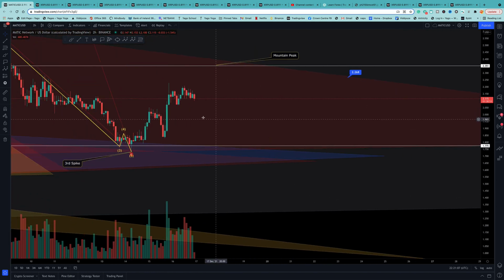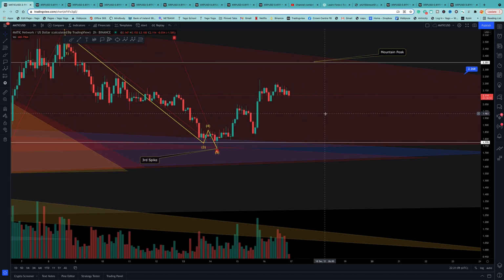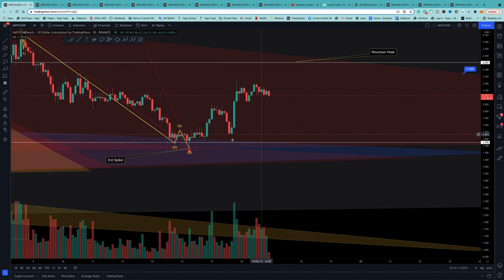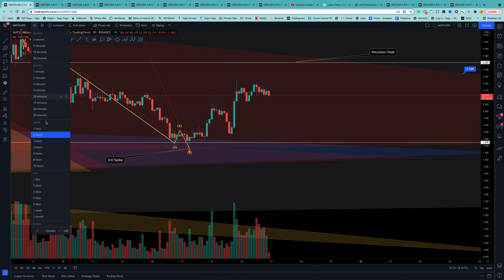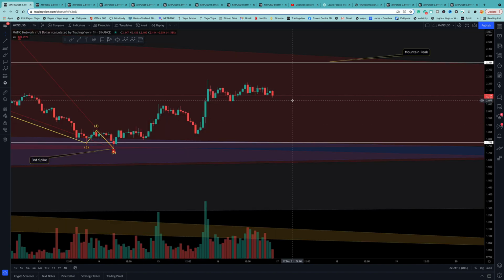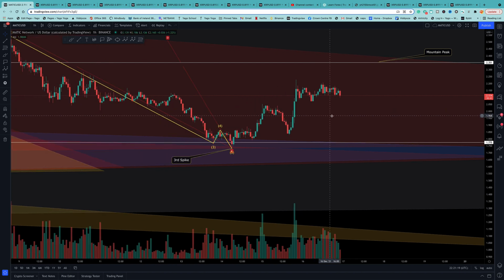So now we're going to have a look at this Elliott wave, yeah. So now it's on the 2 hour. Let me go back to the 1 hour. Okay. Yeah. So again, this one looks like possibly here's 1, here's 2.